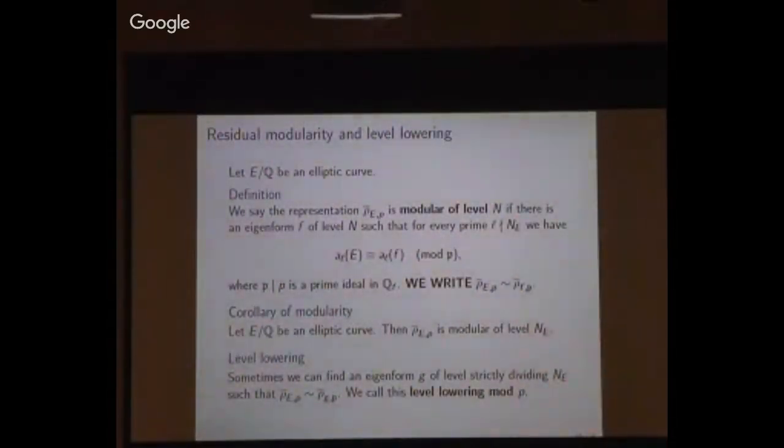But one can ask, can we find a different form that will still give us the congruence? And when we find such a form G, whose level will divide the conductor and still gives us the same congruence, then we say that we lower the level modulo P, because we go from level NE into a level which is a strict divisor of NE. So we obtain a new congruence by level lowering modulo P.